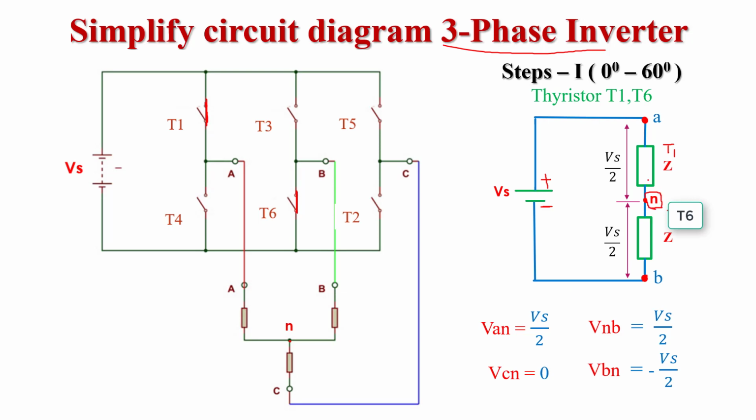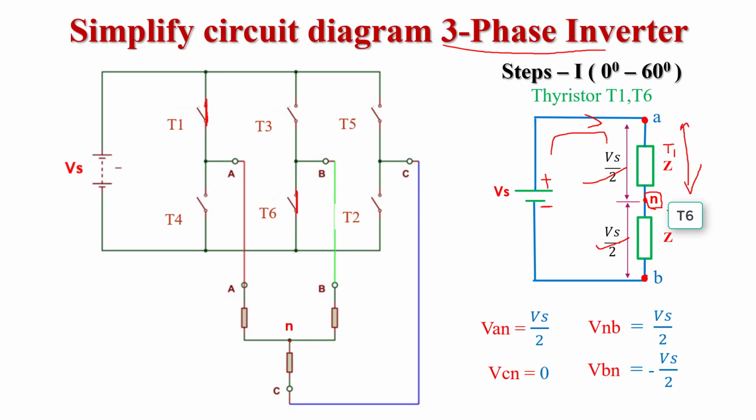Here we see both impedances are equal and connected to the DC input supply. Since the impedances are equal, they share equal voltage. So the voltage VAN is equal to the voltage VNB, because current is flowing in this direction.